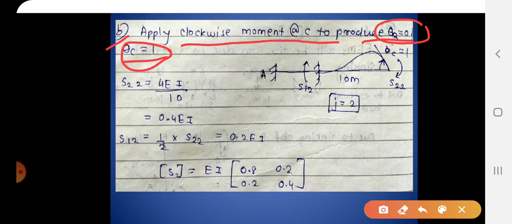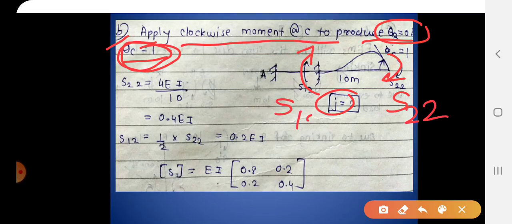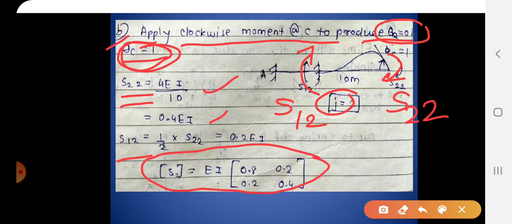The moment applied at C gets carried over to point B. J is equal to 2. Therefore the moment at C will be S22 and the moment at B will be S12. You will get S22 as 4EI by L, and S12 is half of S22. In this way we have derived the stiffness matrix for this example.